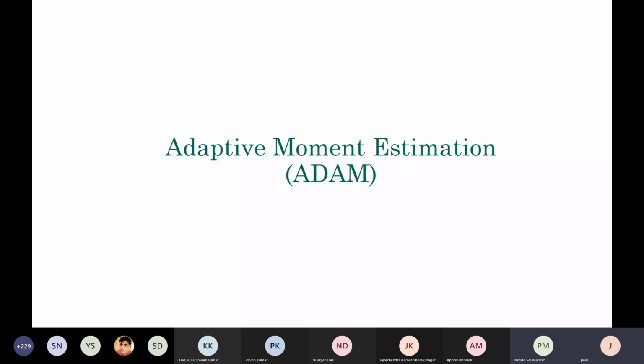That is one problem that we were able to tackle to some extent. But still, in both these approaches, stochastic gradient descent and AdaGrad, there is one major problem. Can anybody guess what that problem is?